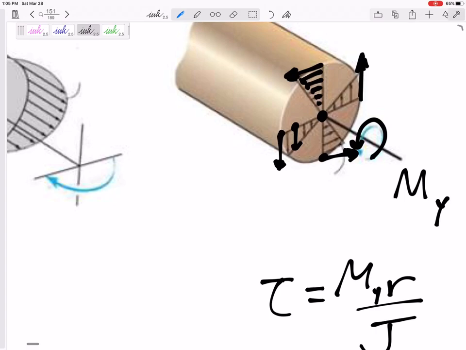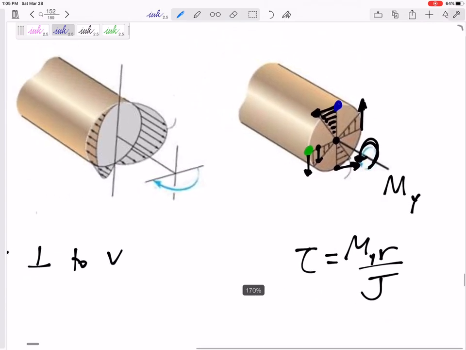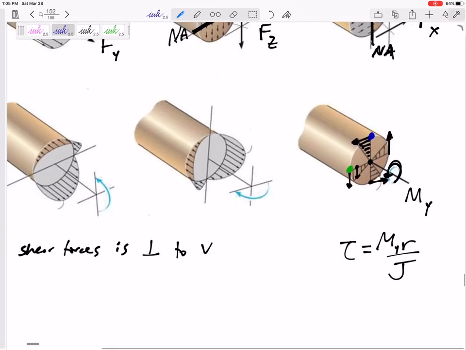So if it's this type of moment, by my right hand rule, if fingers are pointed counterclockwise, then at this green point, my stress would be straight down. At this blue point, though, my stress would be straight to the left. So that would be the shear stress caused by the torsional moment.